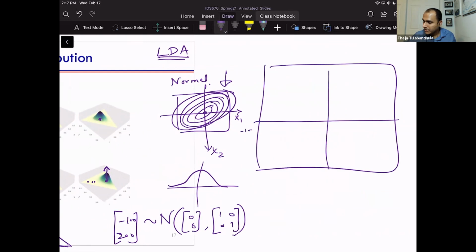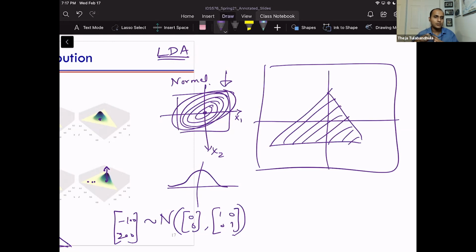Instead of that, a Dirichlet distribution can only be on some sort of a triangular area. So only this area can have a probability value. Everywhere else it's 0, whereas a normal distribution can have value everywhere.